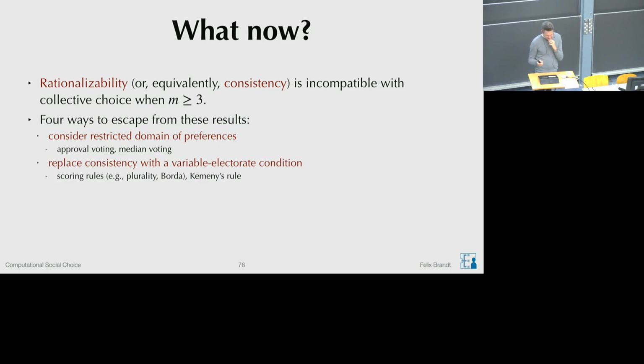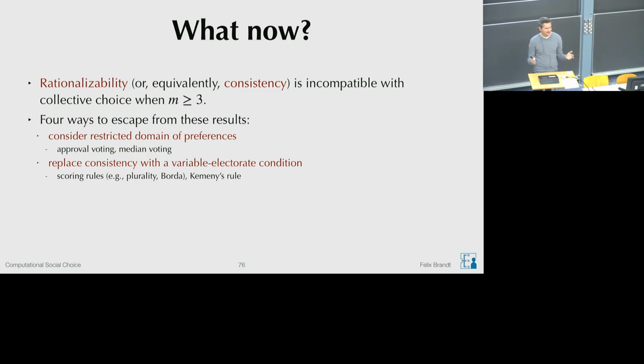Then another escape will be to just replace consistency, this alpha, beta plus gamma type conditions, and use similar conditions on the sets of voters, which I think I maybe briefly mentioned in the first lecture. So these conditions will be of the type: we have one electorate and we apply a social choice function, and then, for instance, alternative A wins there, and then we have another electorate and alternative A also wins there, and then if you take the union of these 2 electorates, then A should also win.